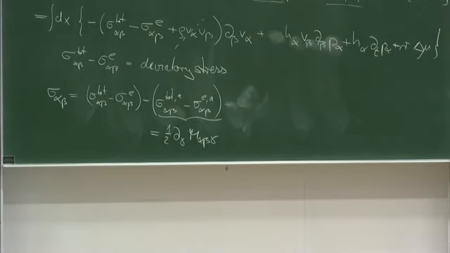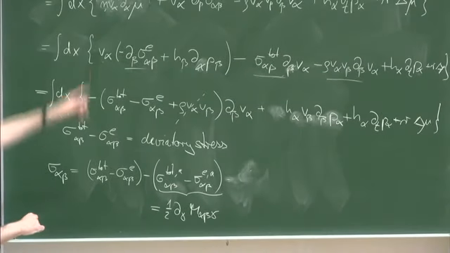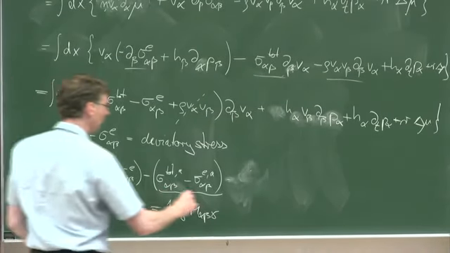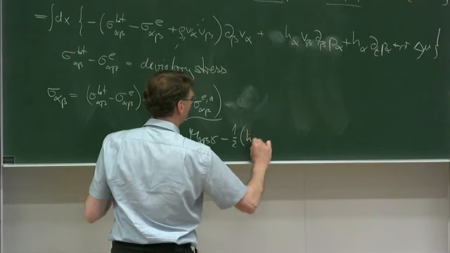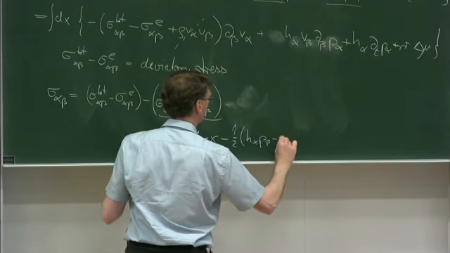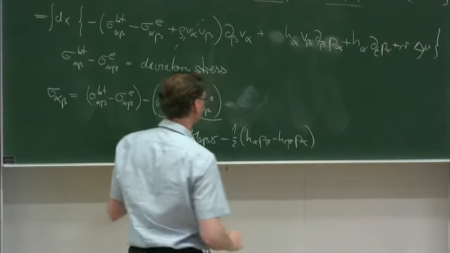And now the antisymmetric part of the Ericksen stress, this is the calculation that I've not done explicitly, but it's up there. So this is minus 1/2 h alpha p beta minus h beta p alpha.